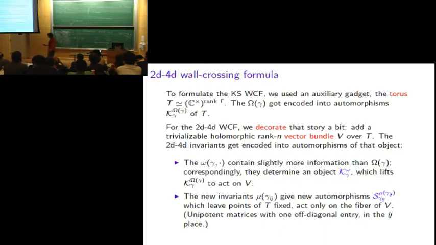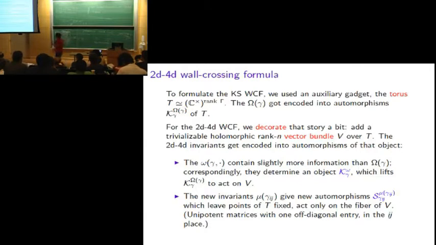So what do I mean by that? First of all, the little omegas contain just slightly more information than capital omega, as I told you. And so they determine, before I had an automorphism of the torus, now I'll lift that automorphism of the torus to also act on the fibers of this bundle. And that'll be my new K gamma. We still call it by the same letter. It's somehow morally almost the same thing.